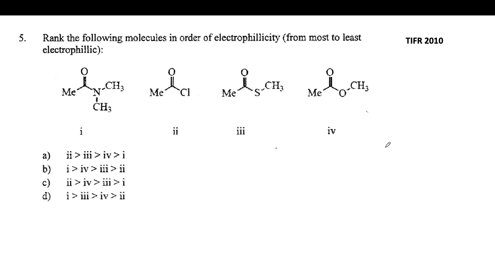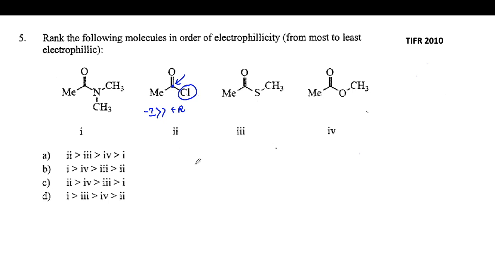Now let's consider this. First of all, as you can see, the acyl chloride is going to be most electron deficient because the plus R effect is very less as compared to the minus I effect of chlorine. That is why the carbonyl is going to be electron deficient, and that is why most electrophilic.